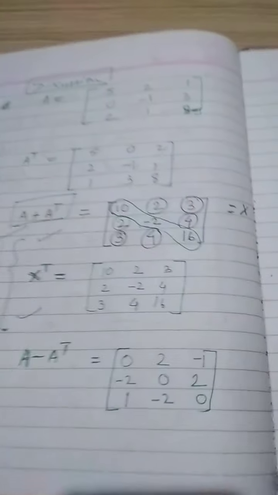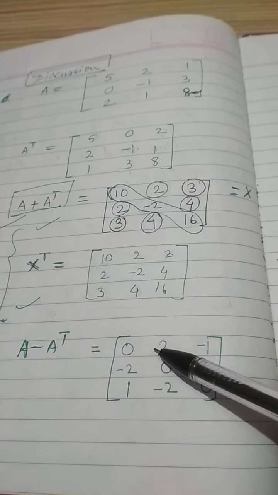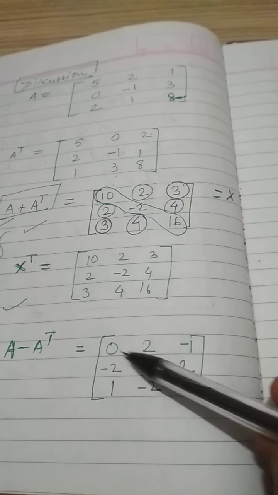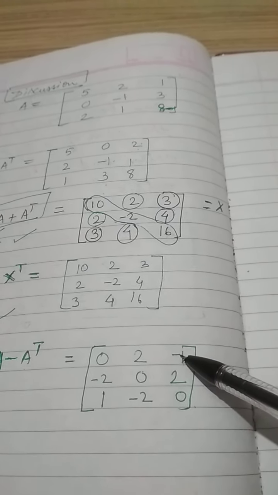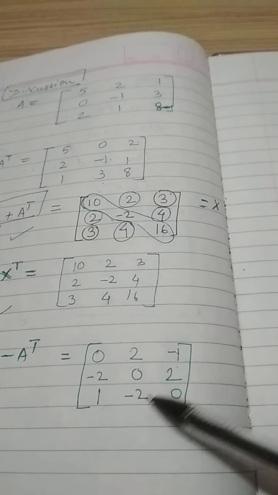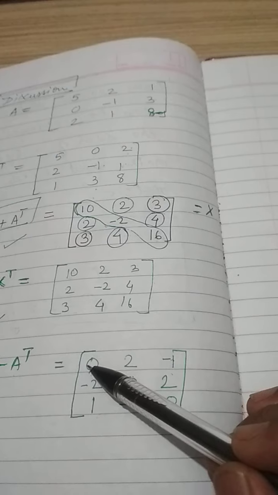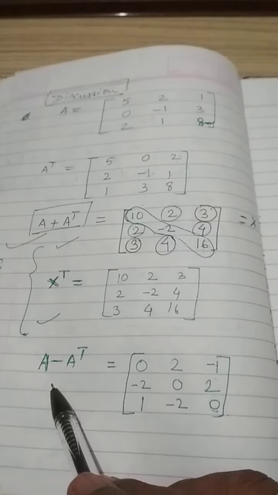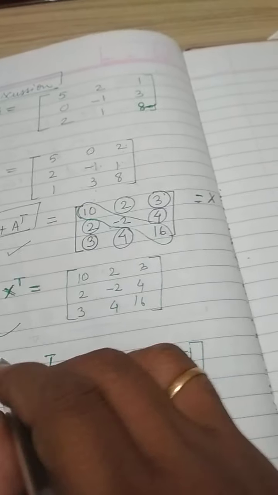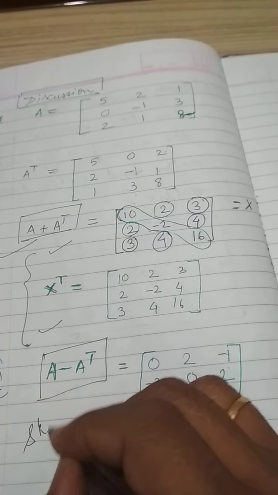So in the same way, if you consider this particular matrix, here they are oppositely signed about the diagonal: -1, 1, 2, -2, 2, 2. Like this, you should see these diagonal elements are all 0. Hence such a matrix is a skew symmetric matrix.